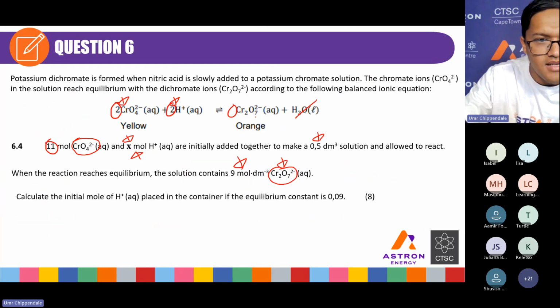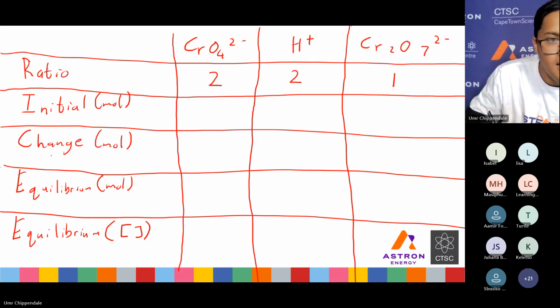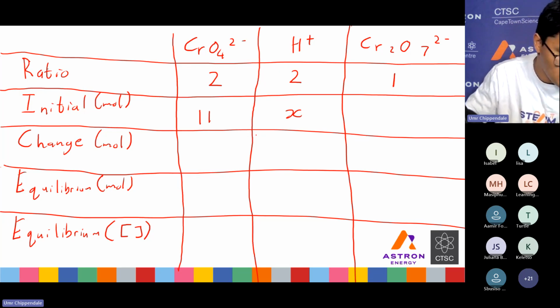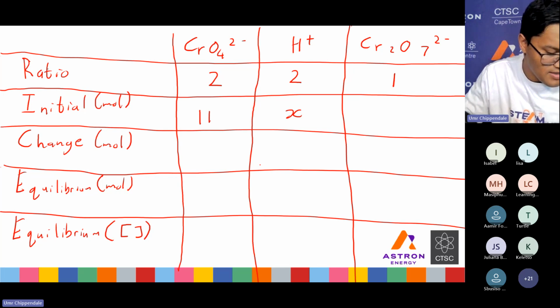Then it told us that we initially had 11 for our first one, X for our hydrogen, and 9 over here. So 11, X, and 9. So we're going to write that down. 11, X. And now you might think, hey, we're going to write 9 over here. No, no, no. Remember, the 9 is going to be when it was at equilibrium.